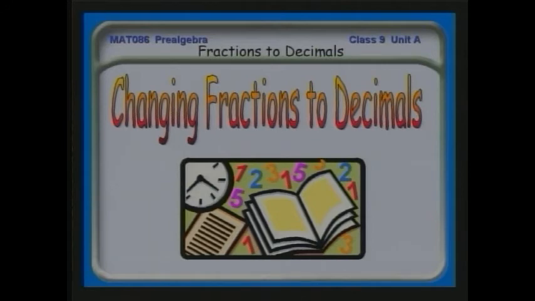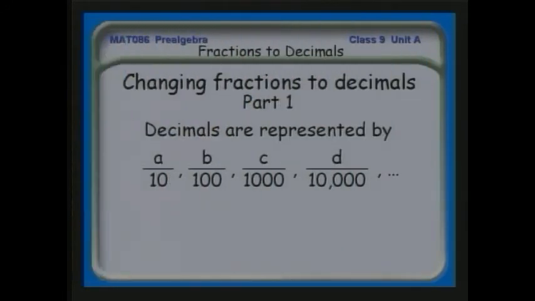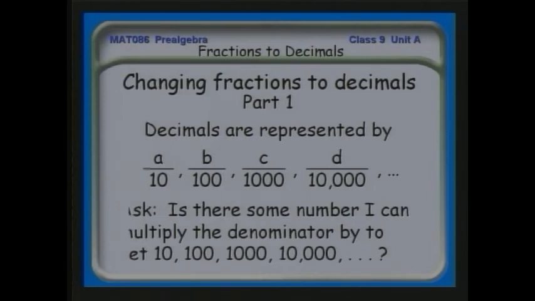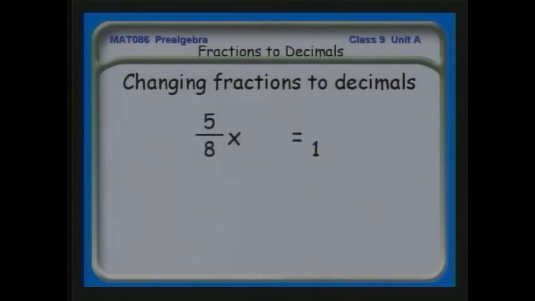What about going the other way, changing fractions to decimals? We need to represent the fraction in terms of a denominator with 10, 100, 1,000, and so forth, so we need to go for that. Here, for example, I have 5/8. What can I multiply 8 by to get 10? I can't think of anything.